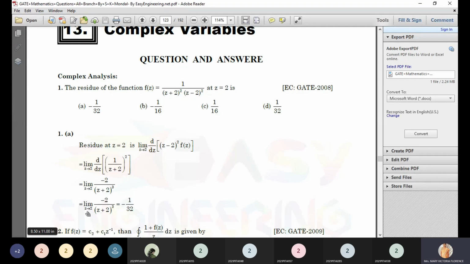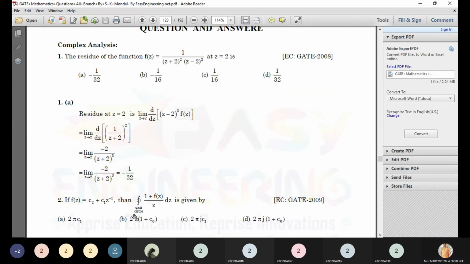Now if you substitute z = 2, you will get −2/(2+2)³, that is −2/4³. 4³ is 4 × 4 × 4, which is 64. Cancelling 2 and 64, we get −1/32.